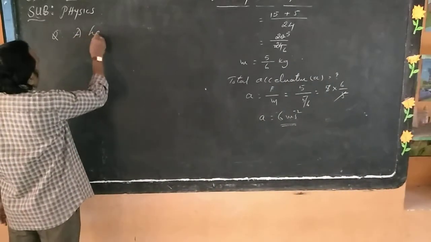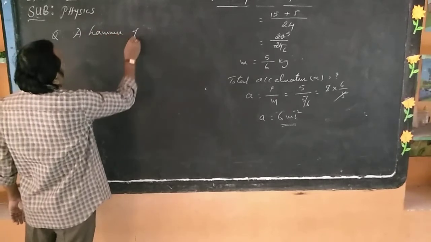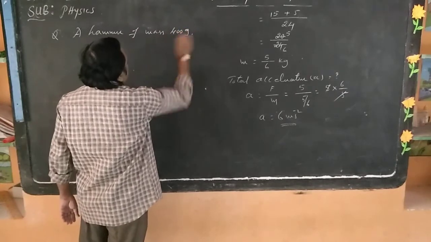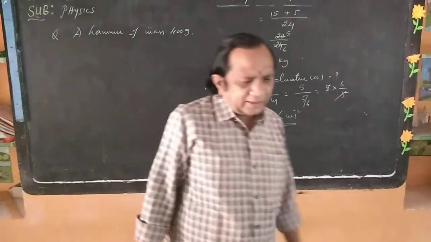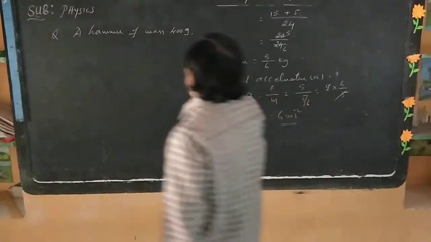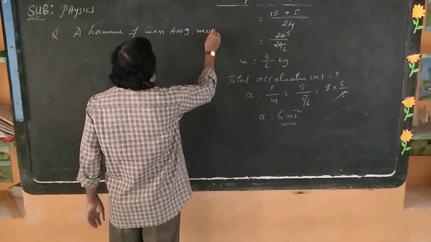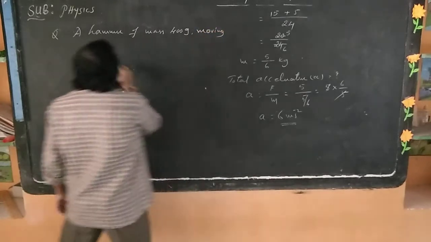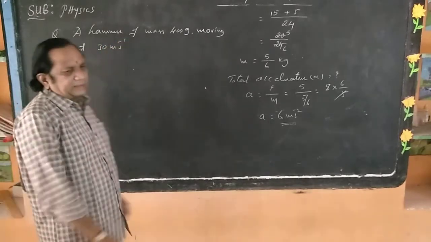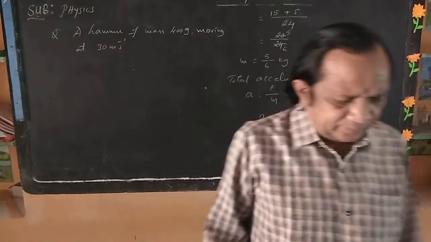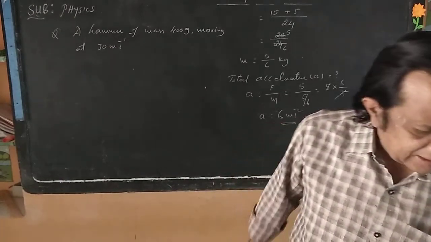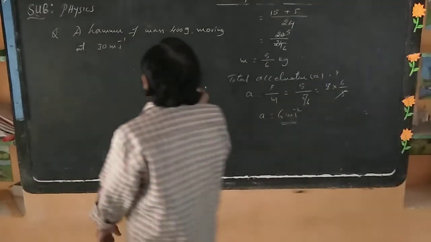Now the question: a hammer of mass 400 grams moving at 30 meters per second strikes a nail.